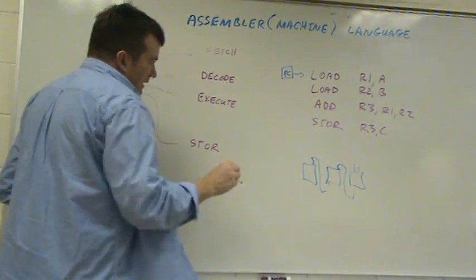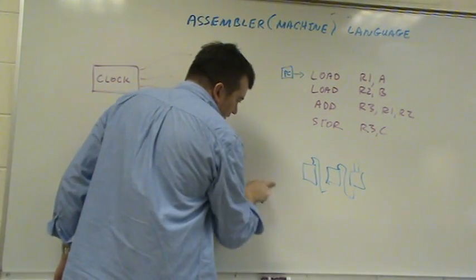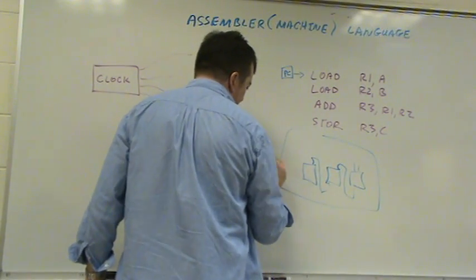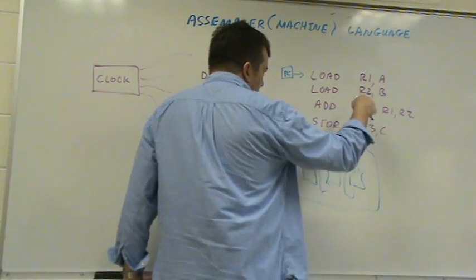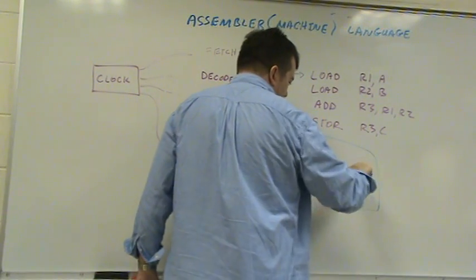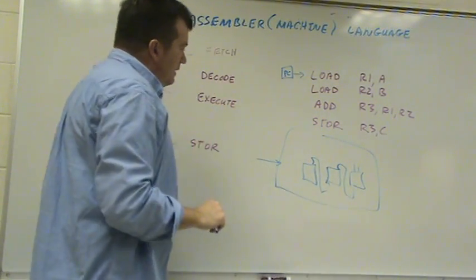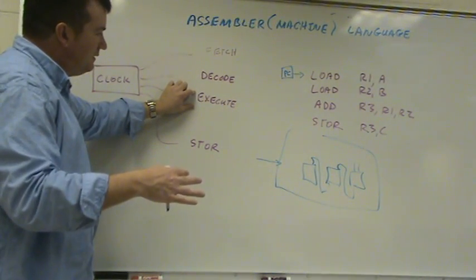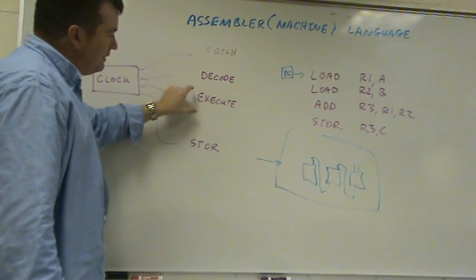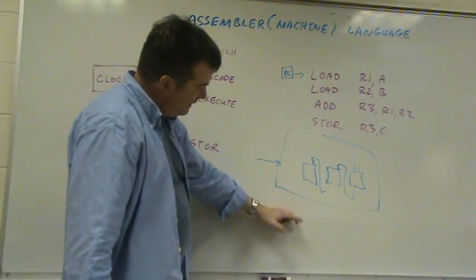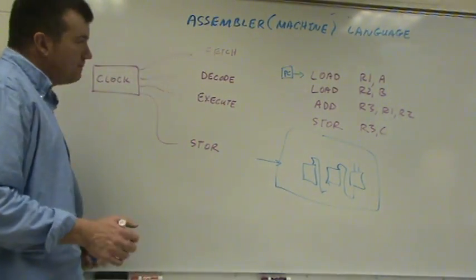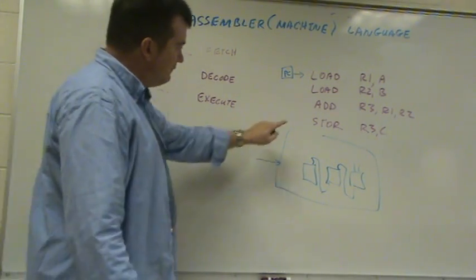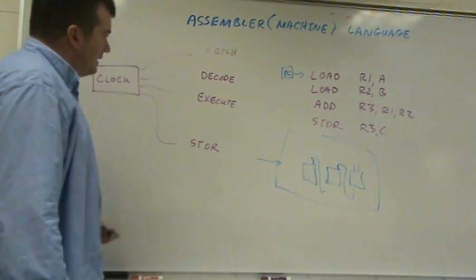Once we figured out after the decoding step that we are applying electricity to the adder, that means we have to take the two registers and this flow has to go through. That would be the step where the instruction is actually being executed. Then the results come out of the bottom of the ALU into storage. And if there's anything in the results that has to be written back to memory, that would obviously be the final step, where we're writing results back.